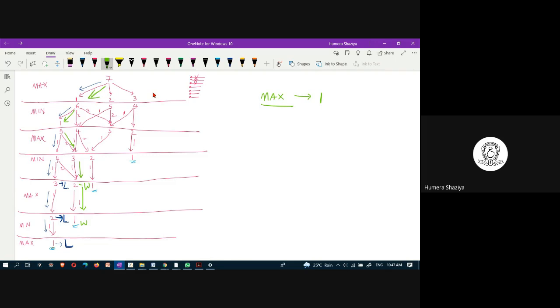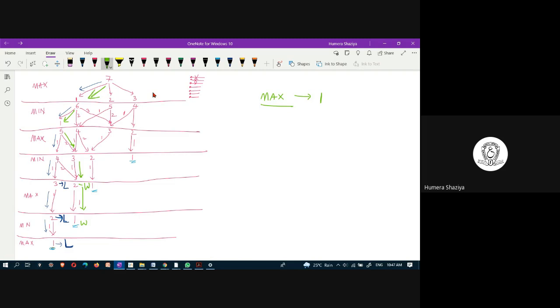That's why here we put W. If we put W, here Max would get W. Otherwise, Max would get L. But Max is winning with respect to this second non-terminal node.